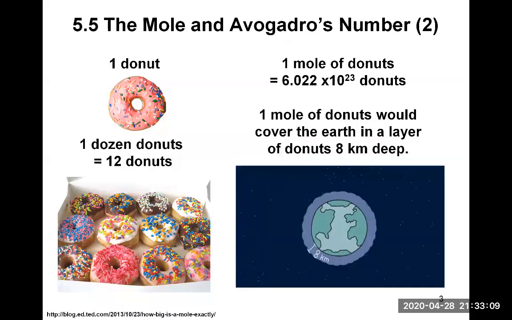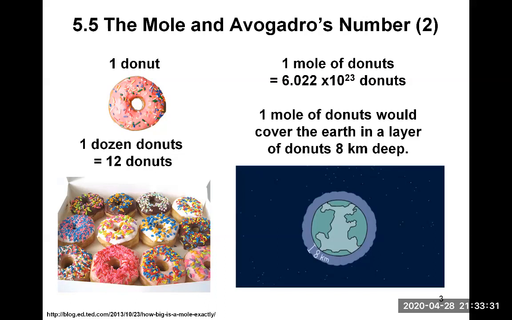And so to help you see how big this number is actually, when you're told to gather a dozen of donuts, you take a donut and you can put 12 in a big box, and it's already a fairly big box.